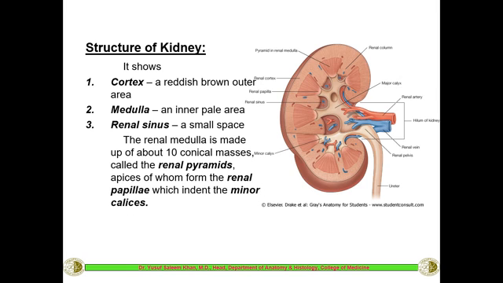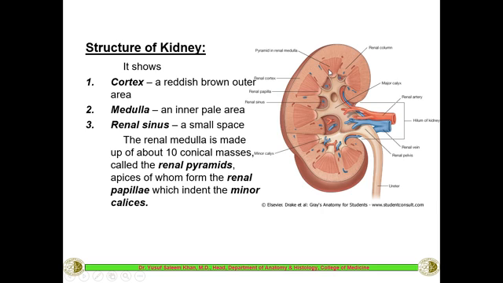The renal medulla is made up of 10 conical masses called the renal pyramids. If you look here, there are conical pyramids with the apex directed towards the hilum of the kidney, and the base toward the lateral or outer border of the kidney. So this is the base of this pyramid, and the apex is directed toward the hilum.